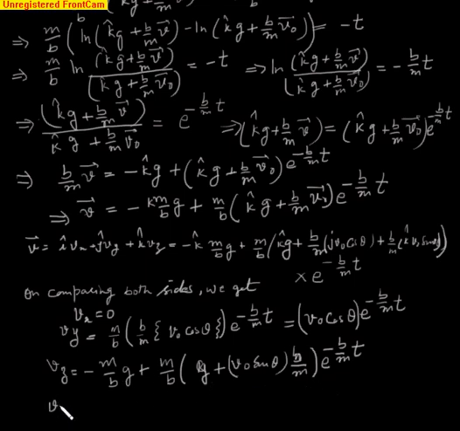Let us write this equation again. Here we get Vz is equal to, let us take this m over b common.